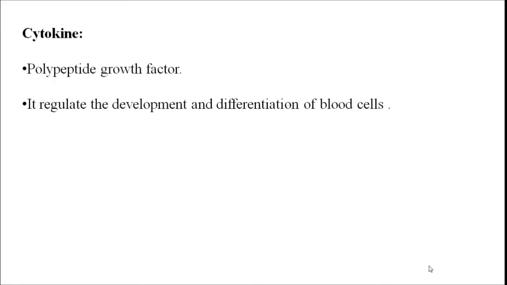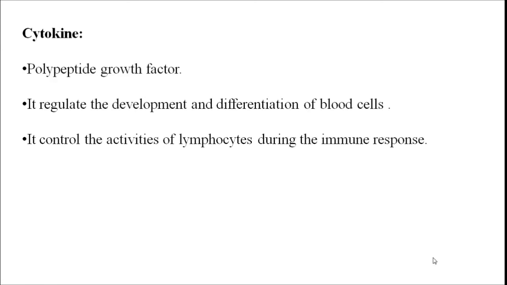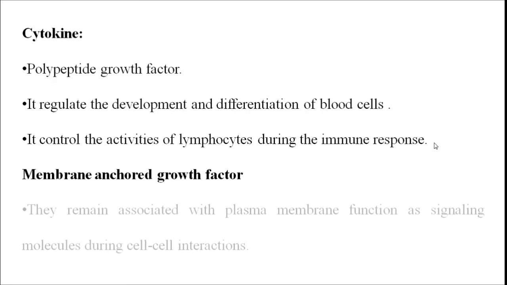The next cell signaling molecule is the cytokine. As we have already discussed, these are polypeptide growth factors and they regulate the development and differentiation of blood cells. Their main function is to control the activities of the lymphocytes during the immune response. The next type of signaling molecules are the membrane anchored growth factors.